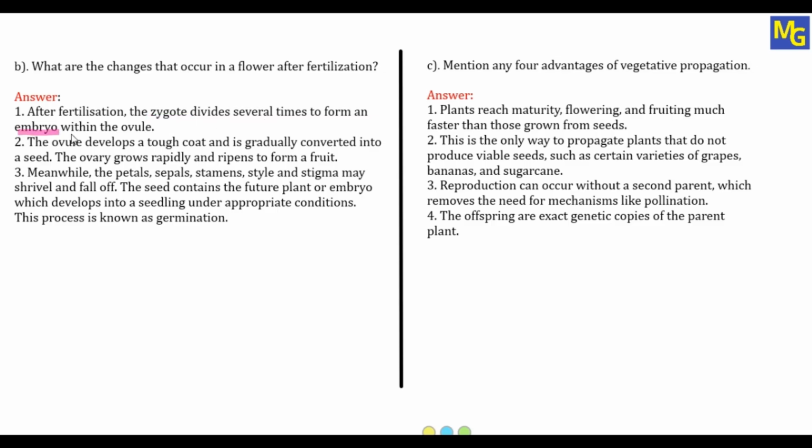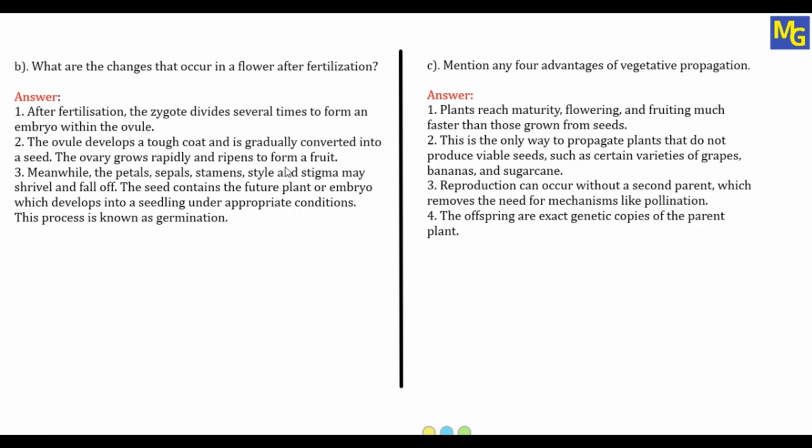Next, the ovule develops a tough coat. Now this ovule will get covered with a tough coat and is gradually converted into a seed. And this ovule now becomes a seed. You may have seen the seeds. Seeds always have a tough cover, and that tough cover is nothing but this. The ovary grows rapidly and ripens to form a fruit. And this ovary which is beside the ovule will grow rapidly and convert into a fruit. You may have seen a mango. Inside there will be a hard coat, and inside that hard coat will be one seed.